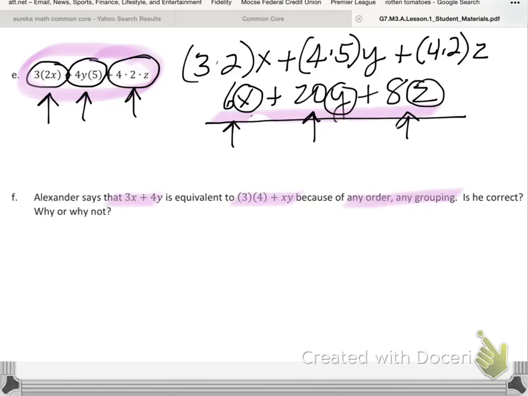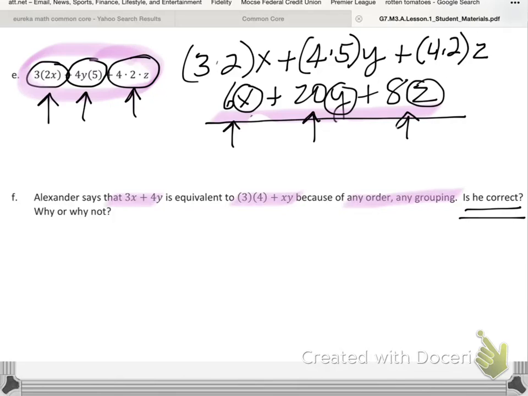Is Alexander correct? Why or why not? I want you to think about that and maybe run a little proof and plug some numbers in, and come on back.